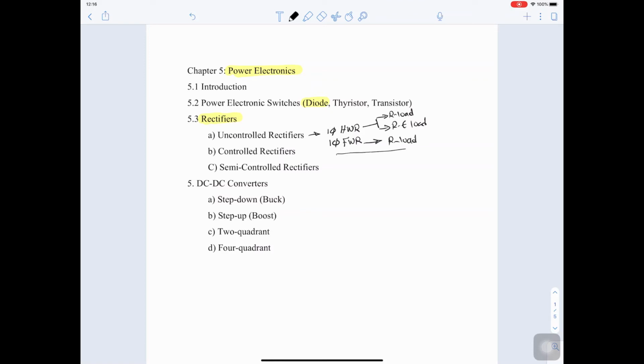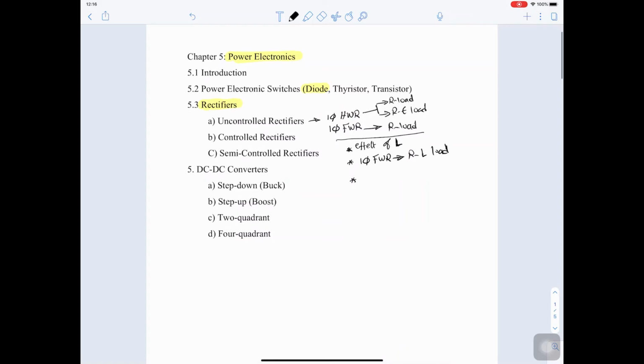Today, we will see the effect of having an inductance, and then we will see the single phase full wave rectifier when it has RL load or RLE. After this, we will answer the homework I left to you last time.